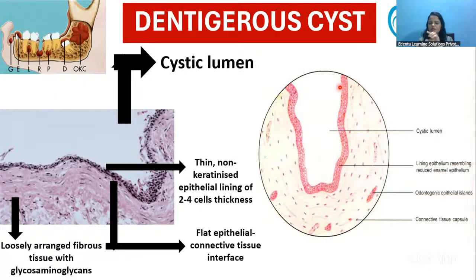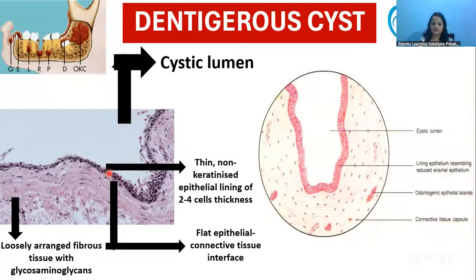It is usually 2 to 4 cells thick, non-keratinized stratified squamous epithelium, and there will be no rete ridges. For a non-inflamed dentigerous cyst, there will be no rete ridges. The epithelium-connective tissue interface will usually be flat only.